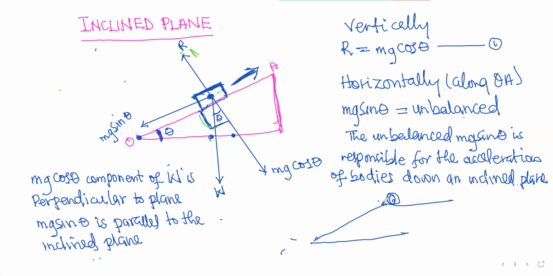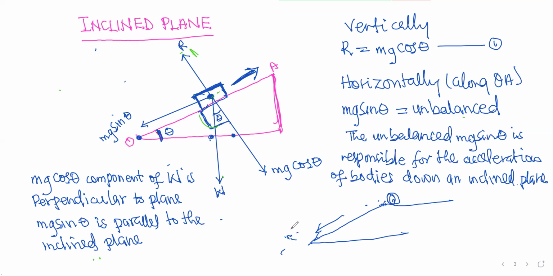The moment it touches the plane, the body will naturally roll down the inclined plane, because on an inclined plane, there's always an unbalanced force, mg sine theta, which is responsible for moving objects down the plane. If you are pushing the object up, then you must apply a force which is greater than mg sine theta in order to move it.